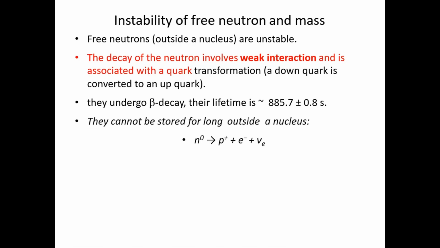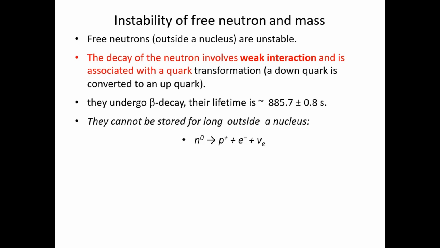They cannot be stored long without the nucleus, and outside nucleus they are going like this. A neutron is produced, then a neutron converts into a proton and electron, and the antiparticles or the idea of the neutrino carrying energy later came because it was very difficult to explain the beta decay's energies, and the energy spectrum was a continuous spectrum.